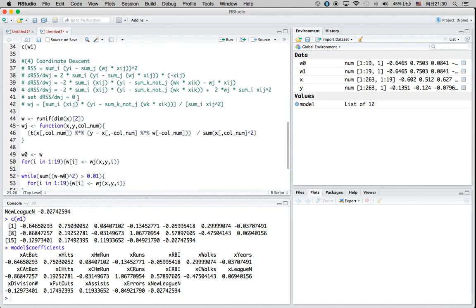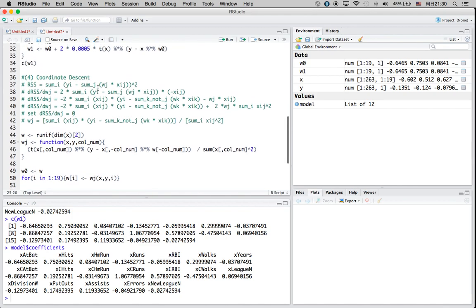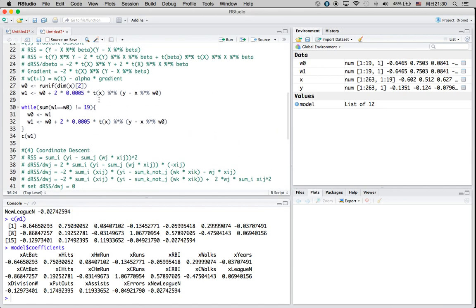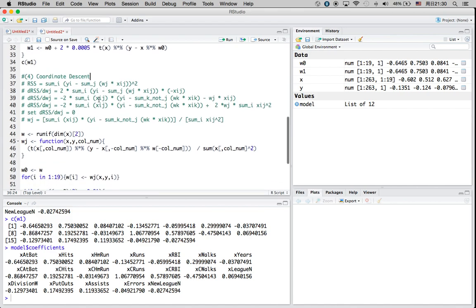And the last technique I'm going to talk about is coordinate descent. Basically, this is similar to gradient descent, but in this technique we are updating one coefficient at a time.